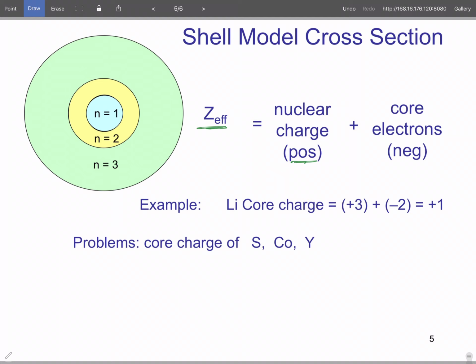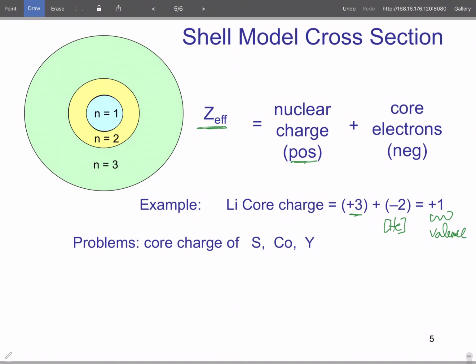So if you look at lithium, lithium has 3 protons, so it has a 3 plus charge. So the nearest closed shell is helium, which has 2 electrons. So the valence electrons are going to feel only the 1 plus. This is what they feel.